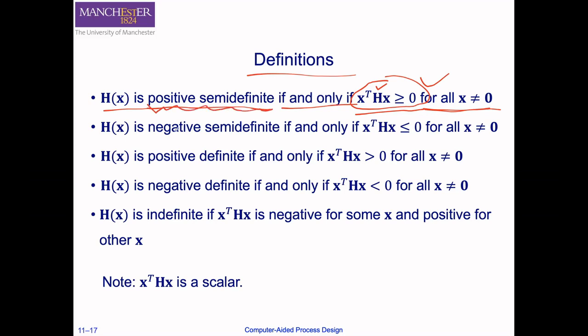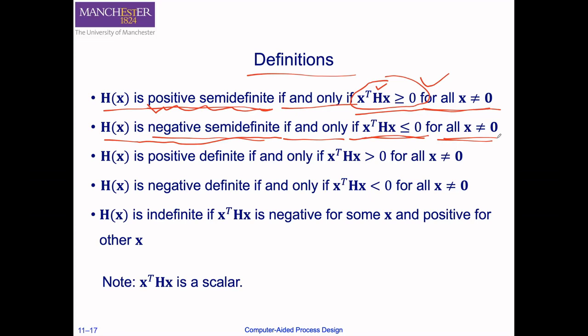semi-definite. A Hessian matrix is negative semi-definite if and only if this inequality is satisfied for all x not equal to 0. That means if a Hessian matrix is negative semi-definite, then this inequality constraint is satisfied for all x not equal to 0.